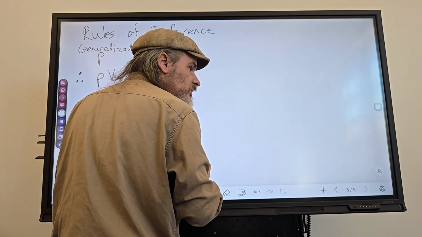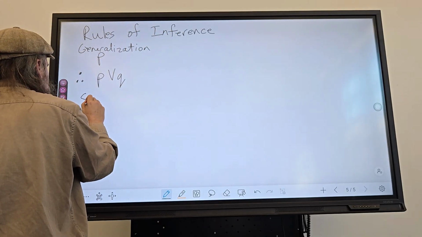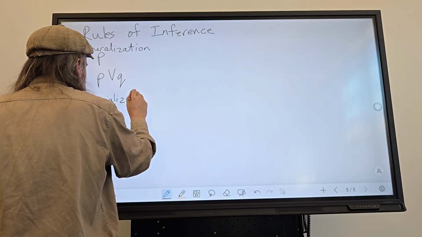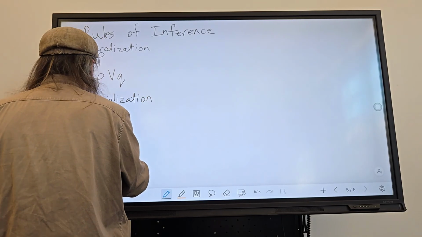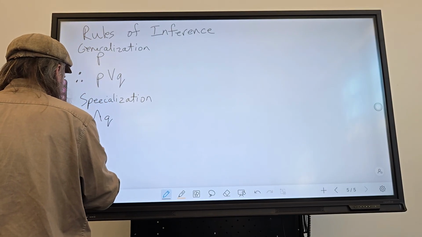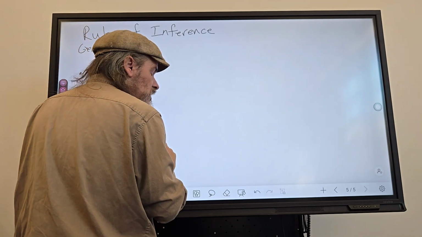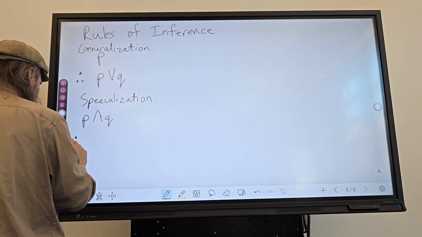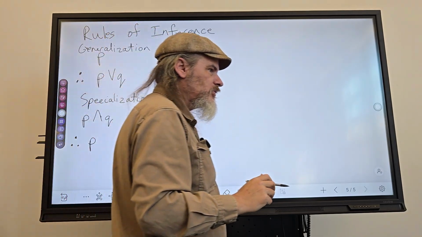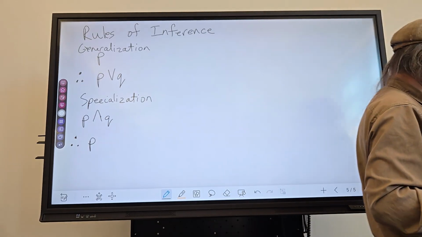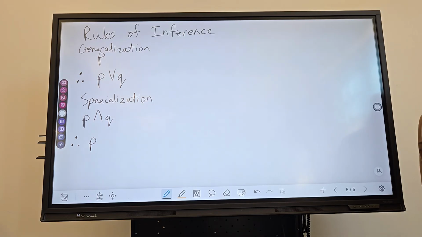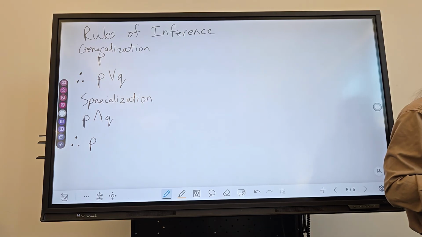Specialization is next. P and Q, therefore P, or Q, or therefore Q. Specialization is for discarding extraneous information, focusing instead on the property that you are interested in.